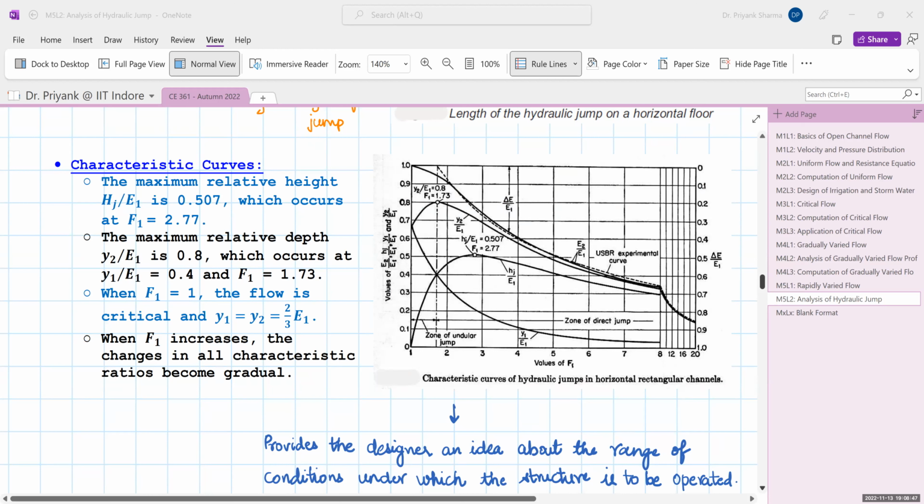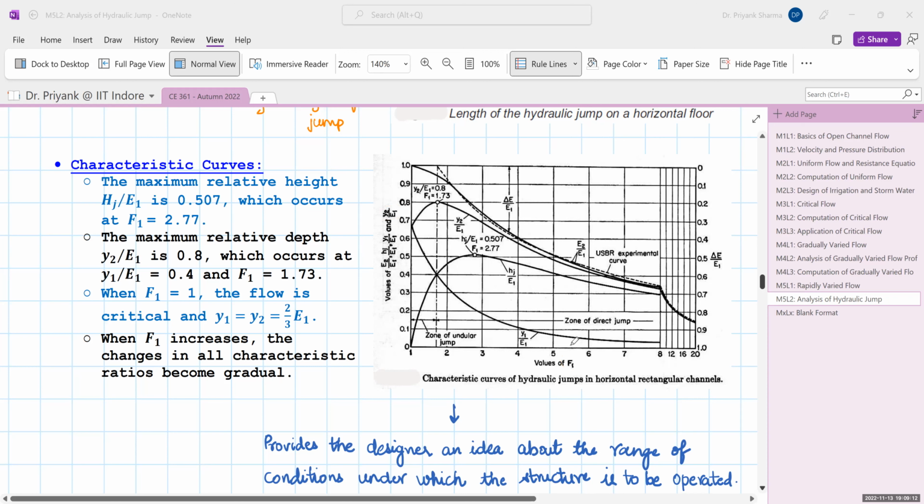So what are the quantities it is representing? It is representing E2 by E1, that is the ratio of the specific energies, Hj by E1, that is height of jump divided by initial specific energy, Y1 by E1, that is initial depth of flow divided by the specific energy, and Y2 by E1, that is the post-jump depth divided by E1, versus all values of F1.